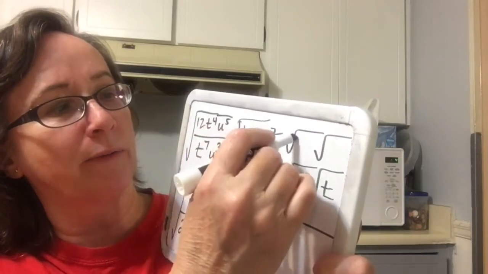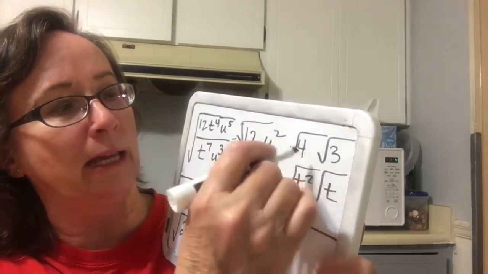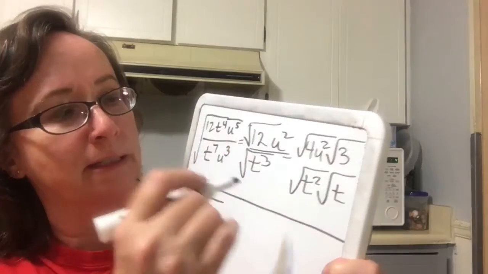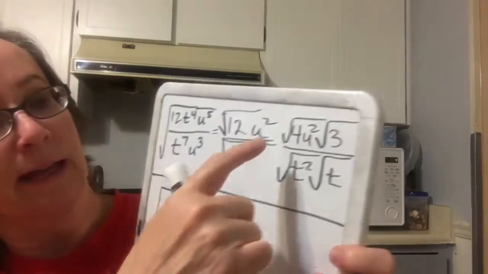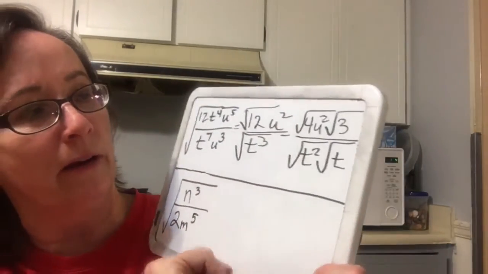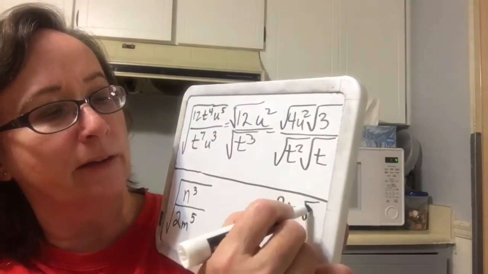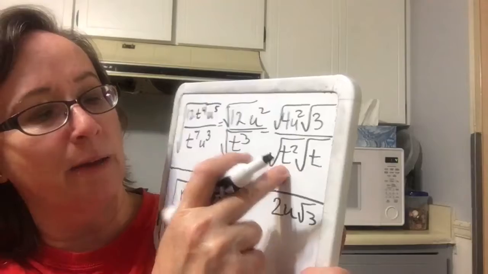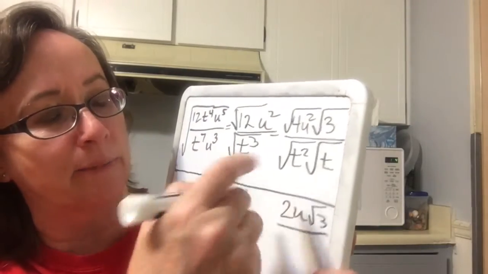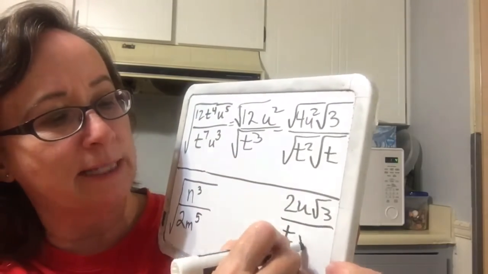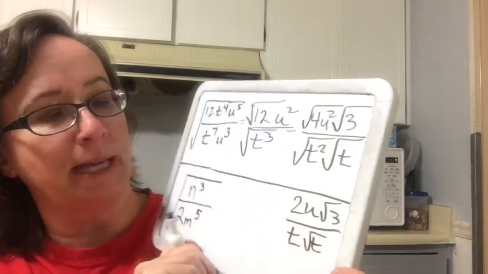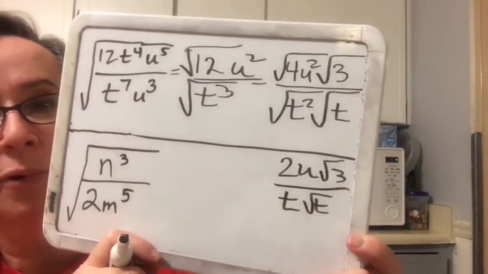In the numerator, we've got a 4 times a 3, and the u squared is perfect. Okay, so now the 4u squared, when we take it out, is going to be a 2u. We tack on the square root of 3. In the denominator, we have a t that comes out of the radical, and we tack on the square root of t.